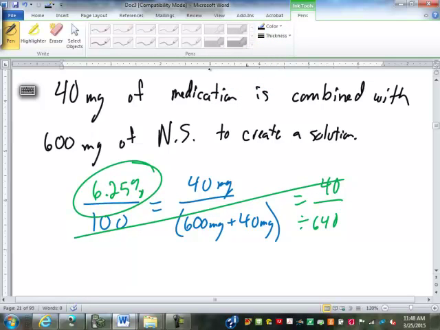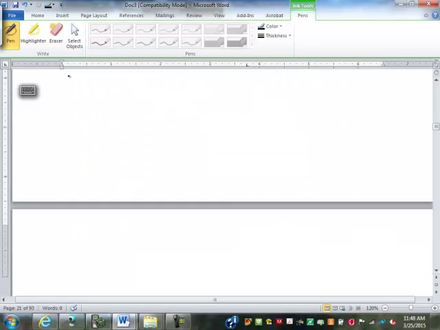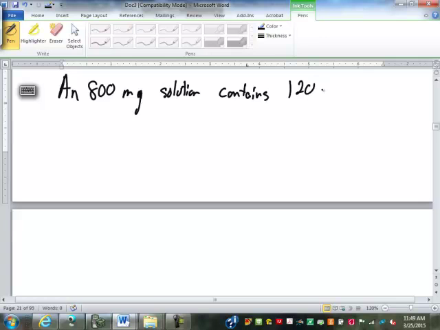Now the weight in weight concentrations might also be given as an 800 milligram solution contains 120 milligrams of medication.